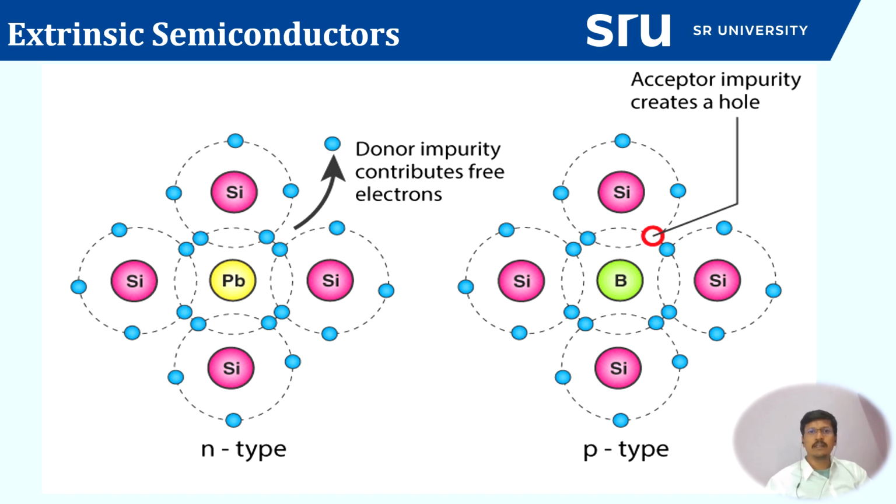So P-type doping creates additional holes. Therefore, the holes become the dominant charge carriers in P-type semiconductors. We will discuss both types of semiconductors in detail in the next videos.